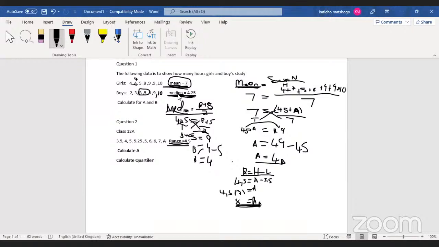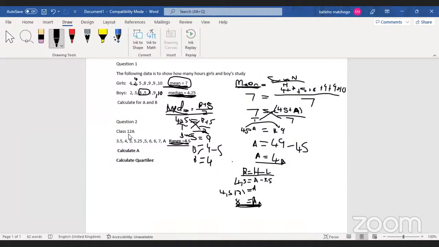Take the meaning of the mean, the median and the range, and then you say, since the range is the highest minus the lowest, and the order here is from the lowest to the highest, all you have to do is replace these numbers and calculate. It makes sense now.